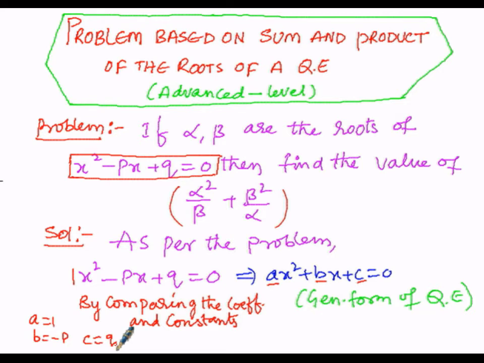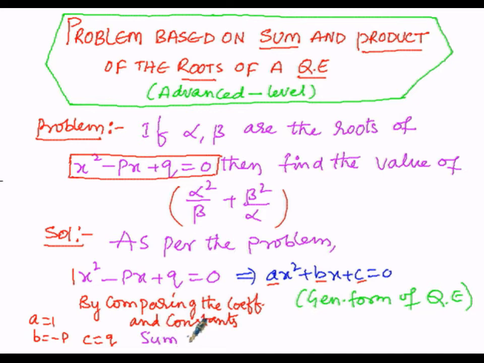Now we have to find out alpha square by beta plus beta square by alpha. But first of all, let us find out the sum. The problem is based upon the sum as well as the product of the roots of the given quadratic equation. So first let us find out the sum of the roots.